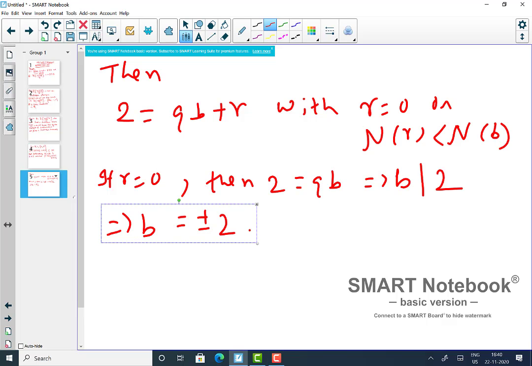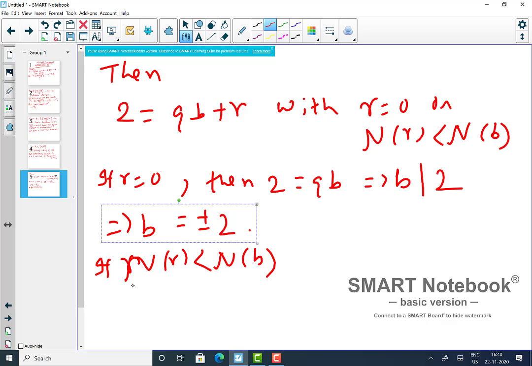Now in the other case, the norm of R is less than the norm of B. But B I choose to be the least among the norms of the elements which are non-zero non-unit.